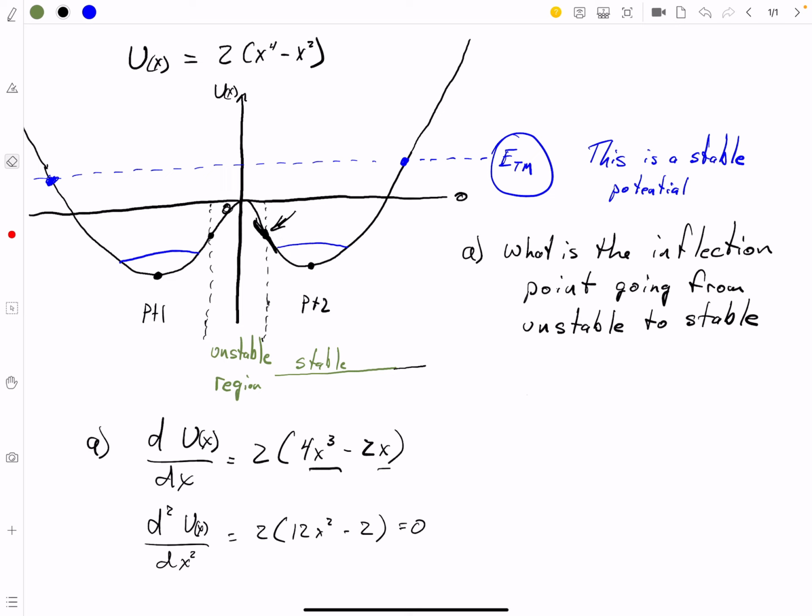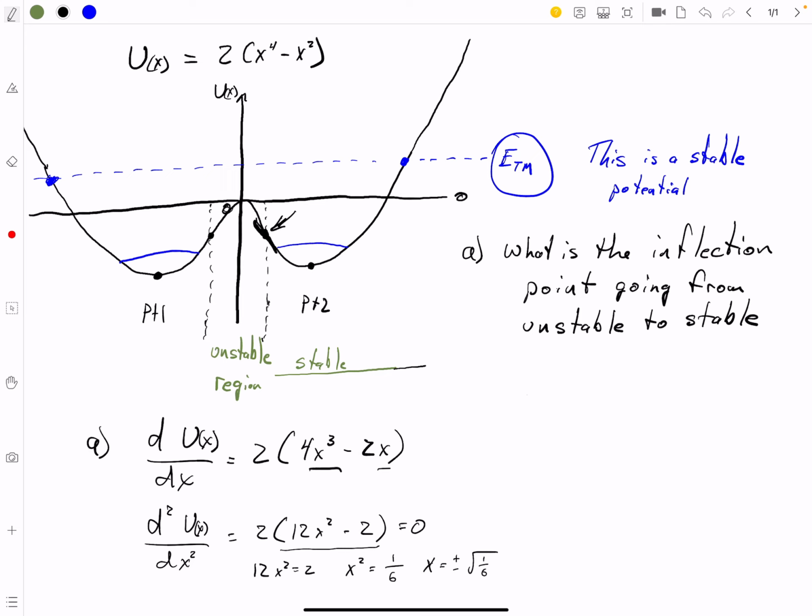So if we solve that for 0, we're essentially solving this for 0. And 12x squared equals 2 gives us x squared equals 1 over 6. So x is equal to plus or minus the square root of 1 over 6.